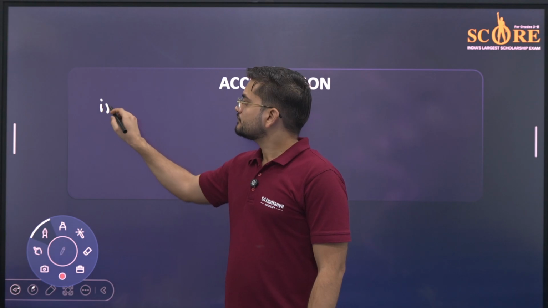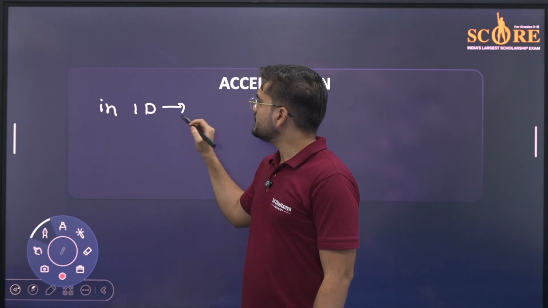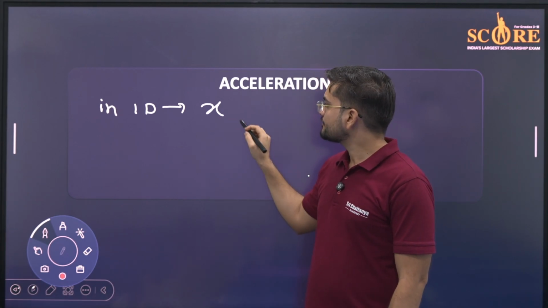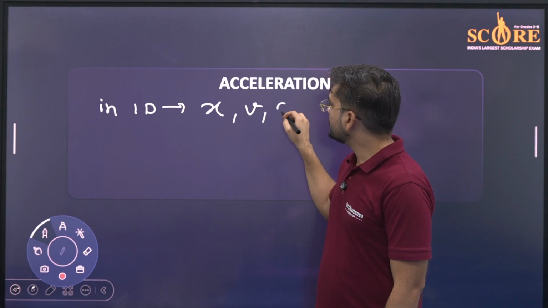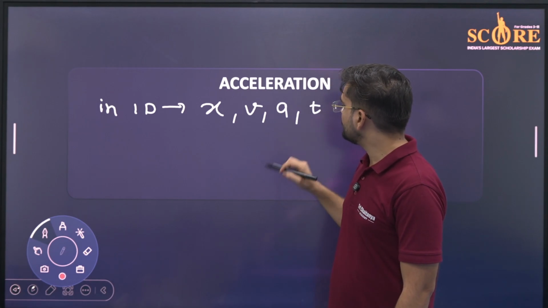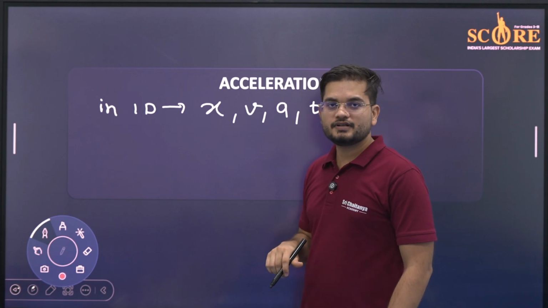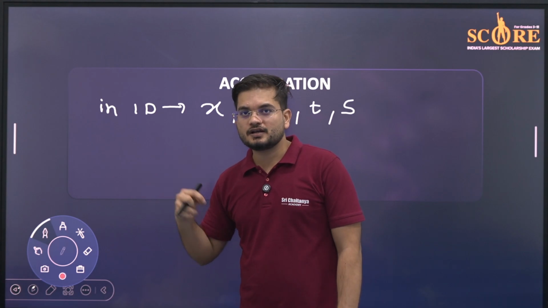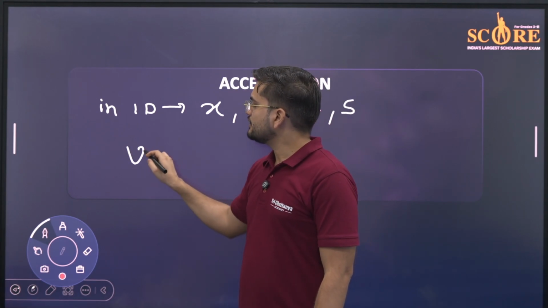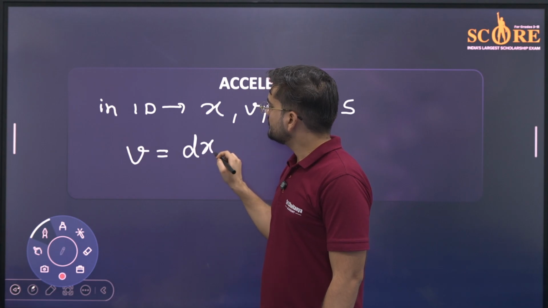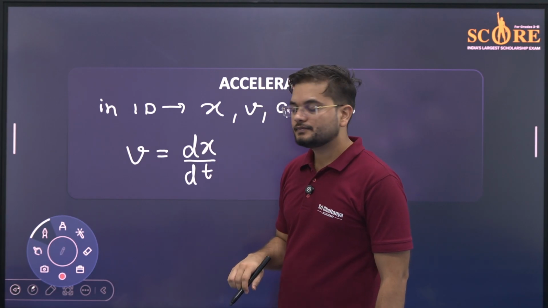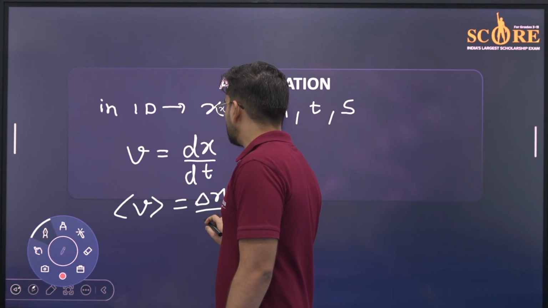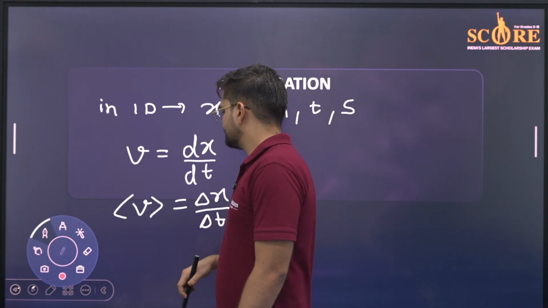In 1D, we use x as the symbol of position, v for velocity, a for acceleration, t for time and s for displacement. Based on what we have discussed earlier, v will be dx by dt and average velocity will be delta x by delta t.